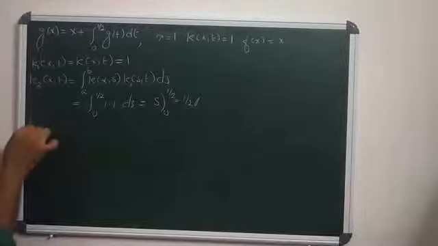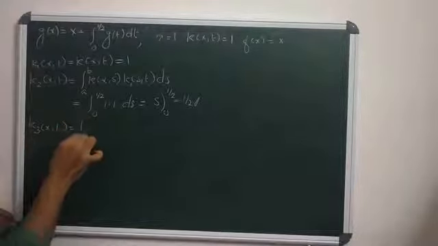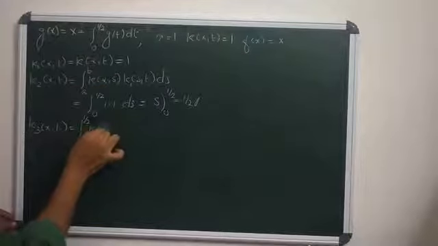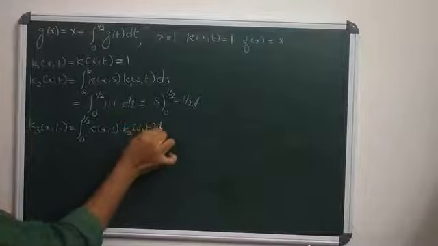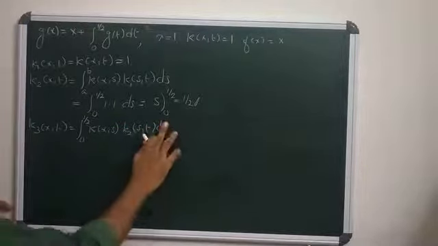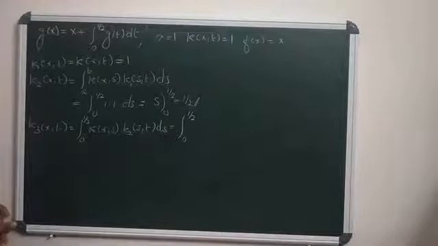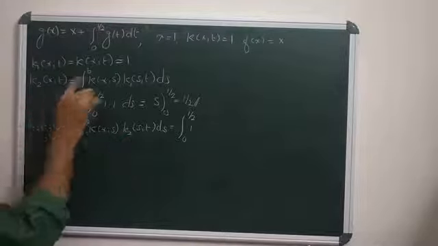What is k3(x,t)? K3(x,t) equals again integral a to b, meaning 0 to half, k(x,s) k2(s,t) ds. So it is integral 0 to half, k(x,s) is 1, into k2(s,t). What is k2(s,t)? That is half.